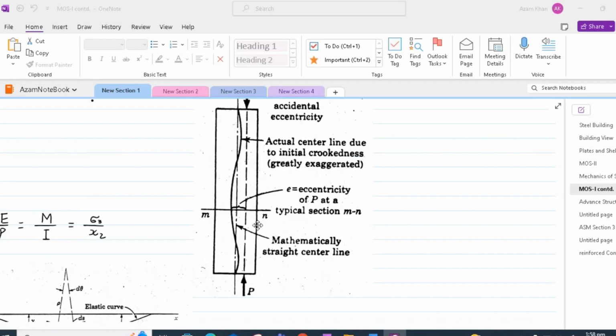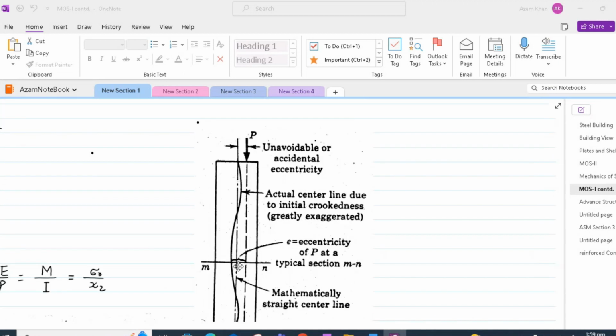The initial crookedness of the column together with the placement of the load causes an indeterminate eccentricity with respect to the centroid of a typical section, which is shown as an MN section in this figure. If the eccentricity is relatively small and the member is short, then the lateral deflection is negligible and the flexure stress is insignificant as compared to the direct compressive stress.